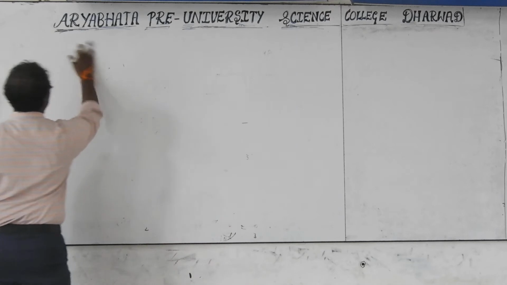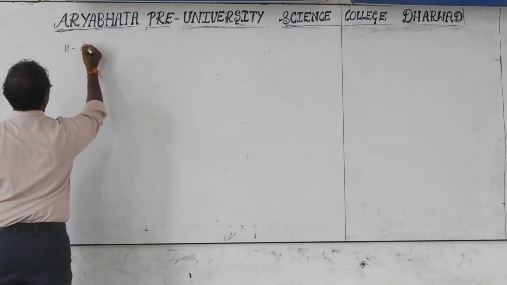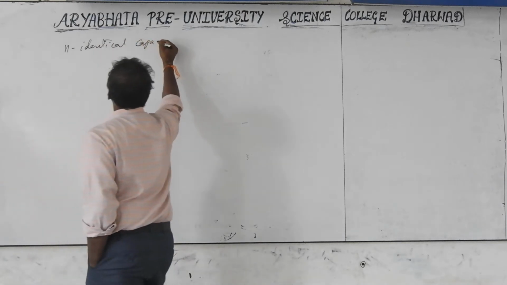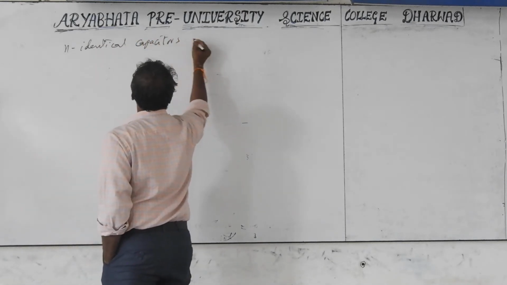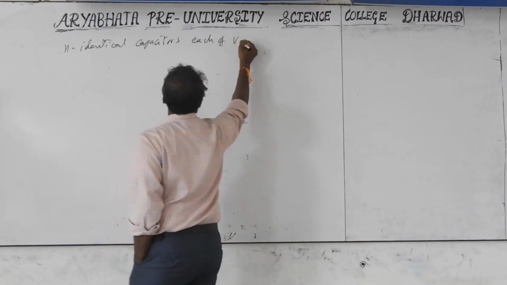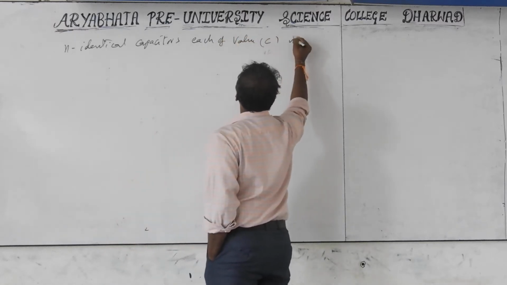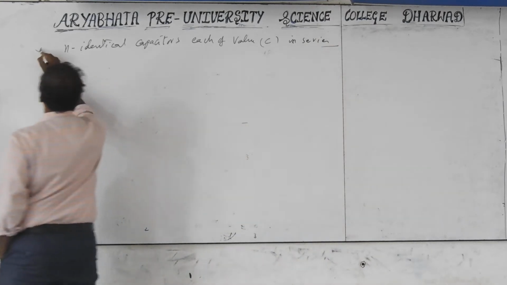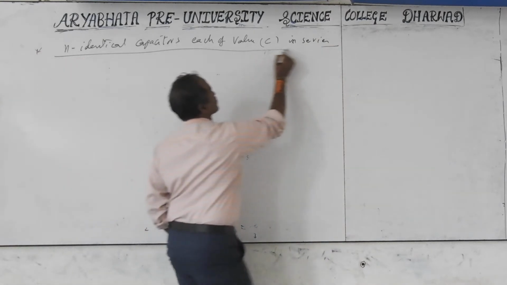Next part is n identical capacitors, each of value C, in series. These are all very important points. Identical capacitors in series.